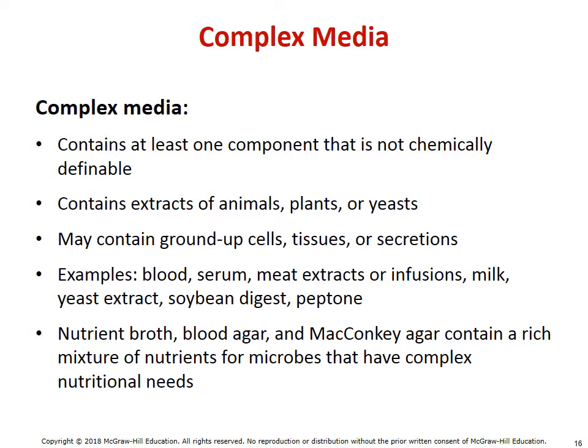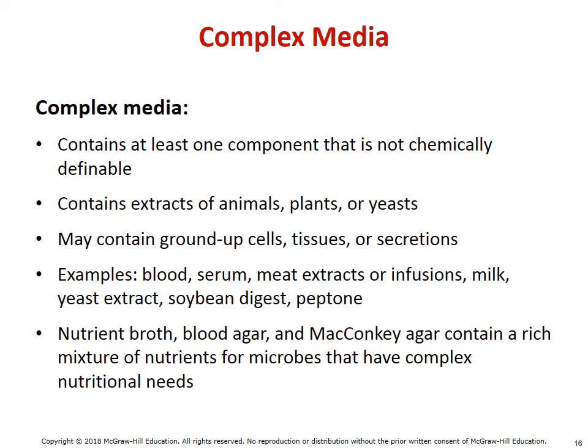You guys have worked with blood agar in that first lab. Blood agar is called blood agar because it straight up has blood in it. It was much easier for us to just add blood than trying to mirror all the different chemicals that we find in blood. There are other things that can exist, things like meat extracts or even infusions. Milk is something microbes do not mind eating.